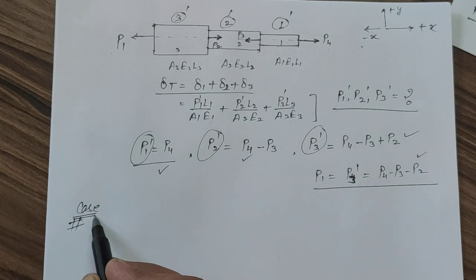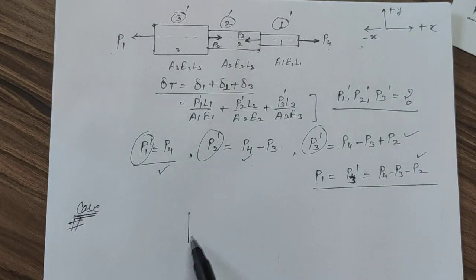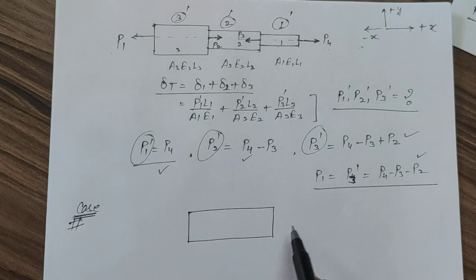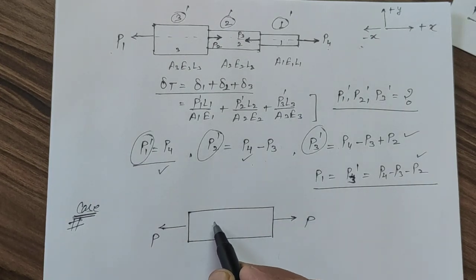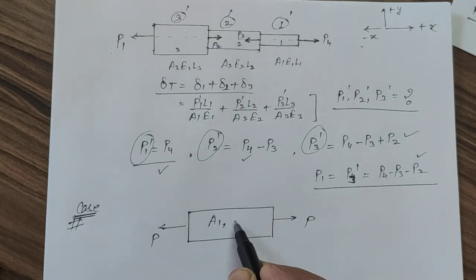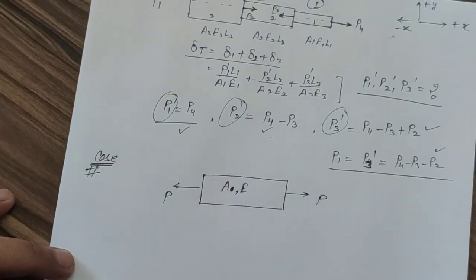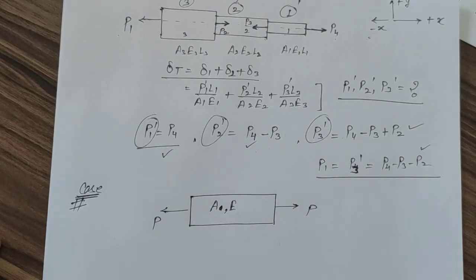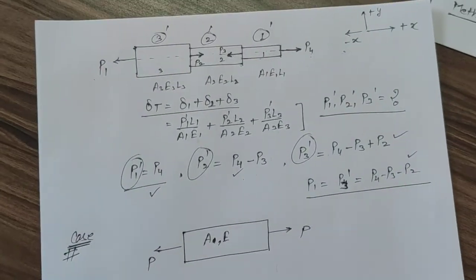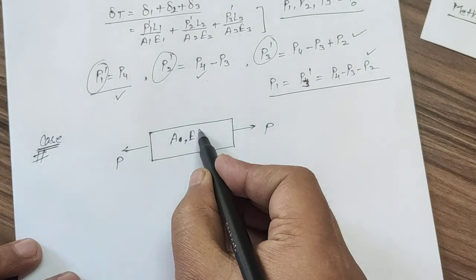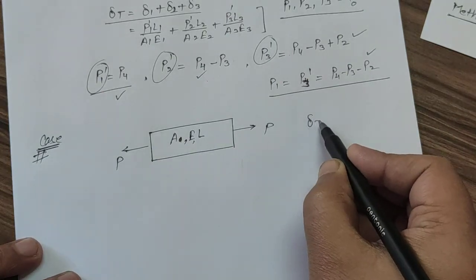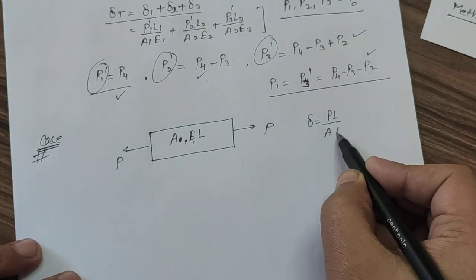If we have a member, this load P is acting, and here cross sectional area is A1, the material is E, and the length of the member is L, then elongation is equal to PL divided by AE.